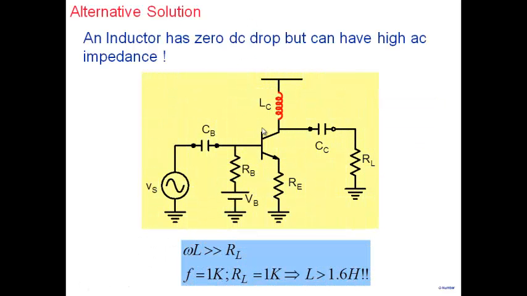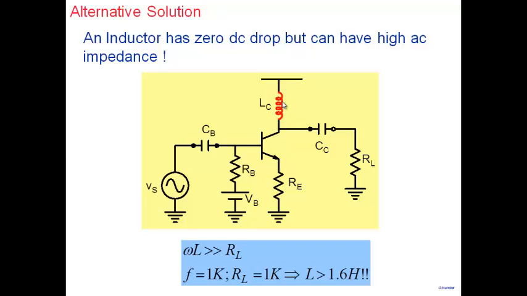Another solution that you might remember: we were looking for an element here which has very low DC voltage drop, and the small signal resistance or AC resistance was very high. Well, an inductor is also a solution.